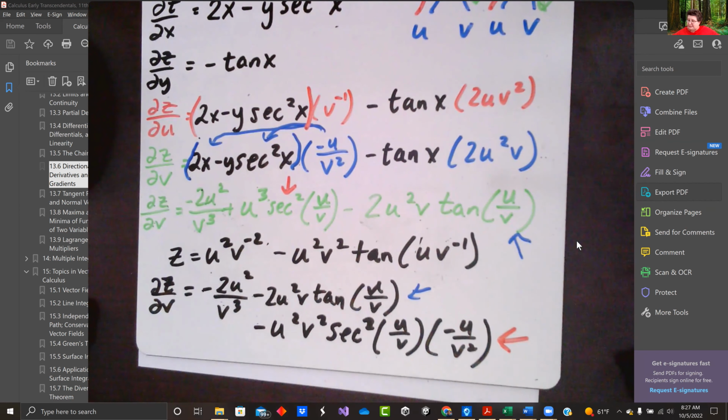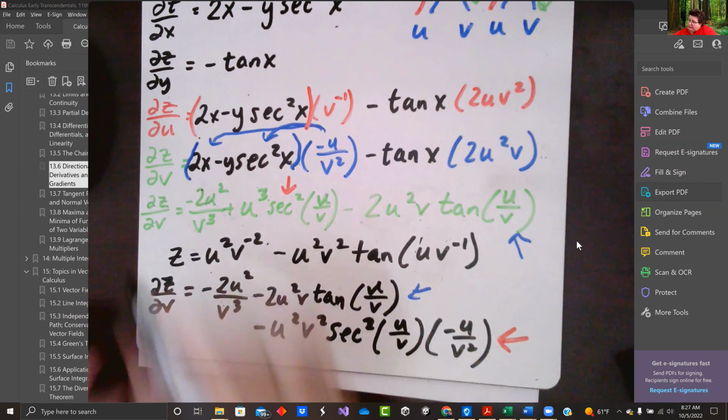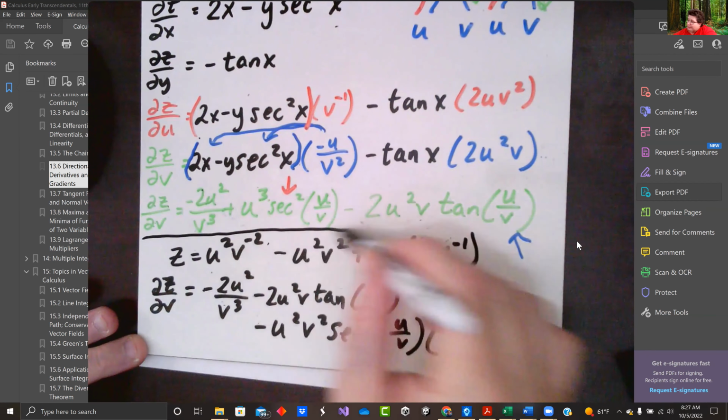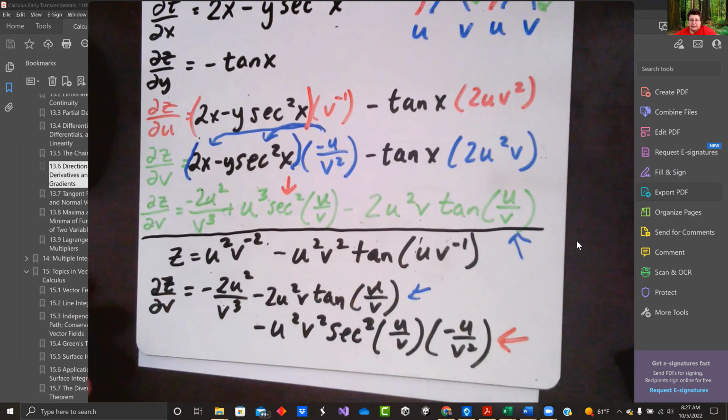Does that make sense? Yep. Like below this line right here, we did direct substitution. We plugged in X and Y, and then did direct partial derivative with respect to V. Above that was chain rule.